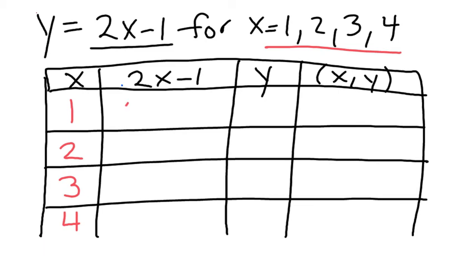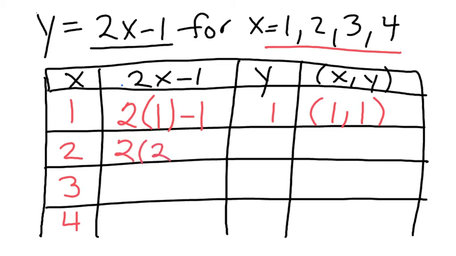Now, we plug the x value into the x side of the equation to find out what y is. So 2 times 1 minus 1. Well, 2 times 1 is 2. 2 minus 1 is 1. So our ordered pair is 1, 1, because x and y are both 1. Next line, 2 times 2 minus 1. Well, that's 4 minus 1. That's 3.